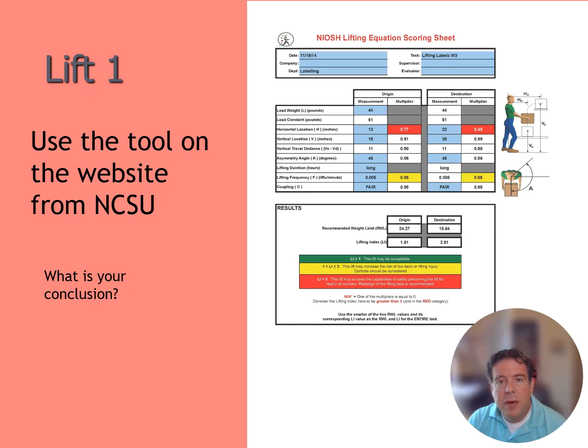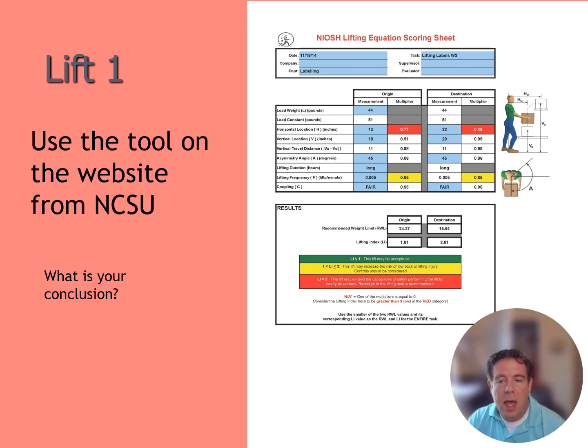This is in your references, but this is from North Carolina. They did Excel to make it easier so you could just input that. Notice on the NIOSH lifting equation, you do one action, and measure the measurements for the origin and the destination. One thing I like about this North Carolina version is they did a lot of color coordinating.